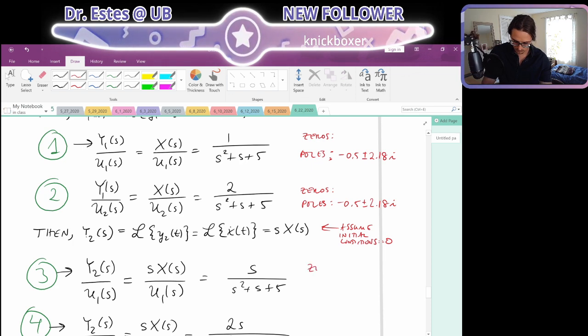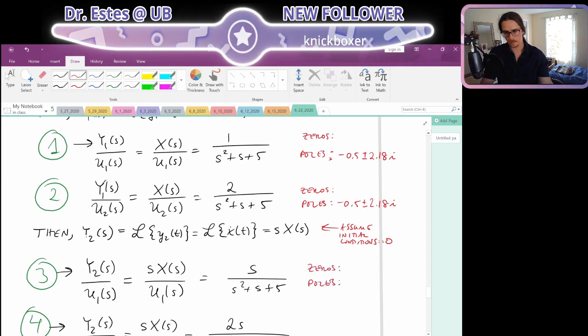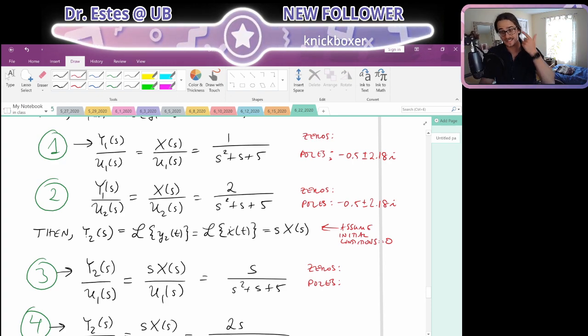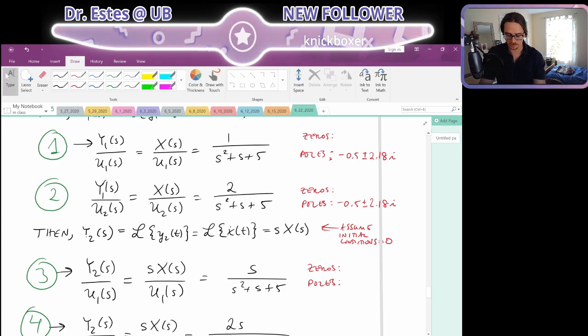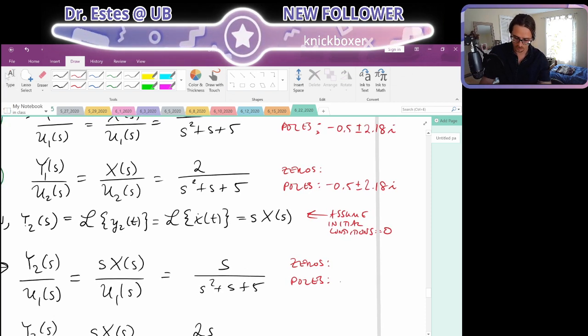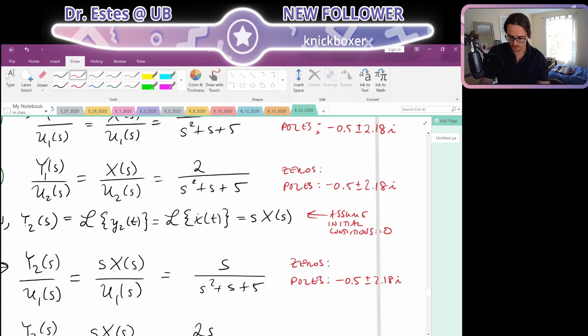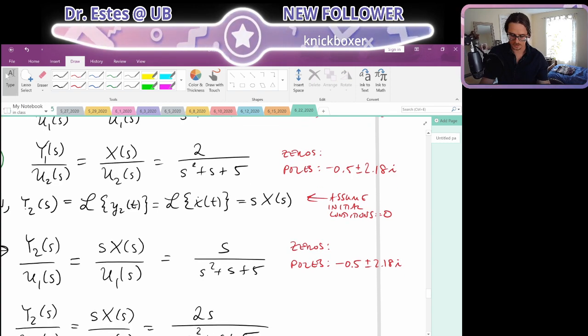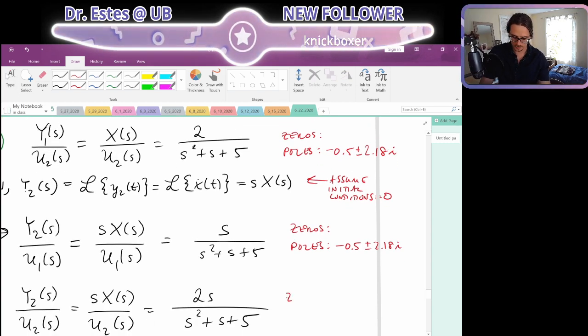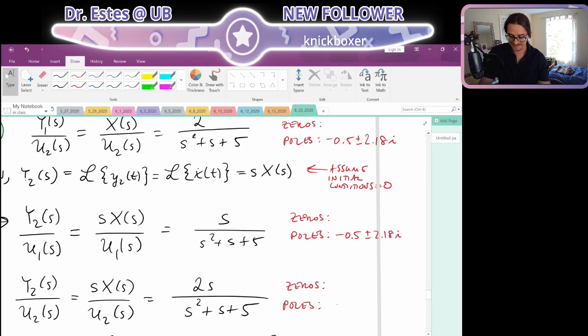Because, like I said earlier, the poles are the same as the roots of the characteristic equation. Now, transfer functions are based on inputs and outputs, and however you define the inputs or the outputs, that doesn't change the roots of the characteristic equation.